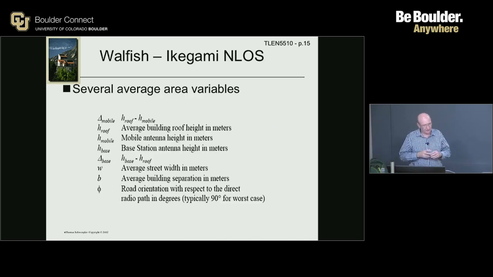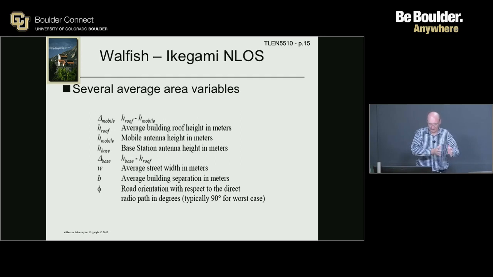Unfortunately, you need a number of things to plug into that model, so it's a little more complex to implement than Hata. You need an average building height, because things are calculated to diffract off the top of the roofs, so you need to know how high those roofs are. Of course, the height of the mobile and base station. And an average street width, which is sometimes tough to get, but in an urban area it's easier to come up with.